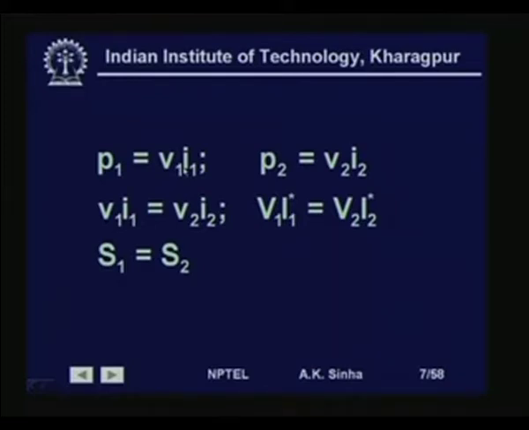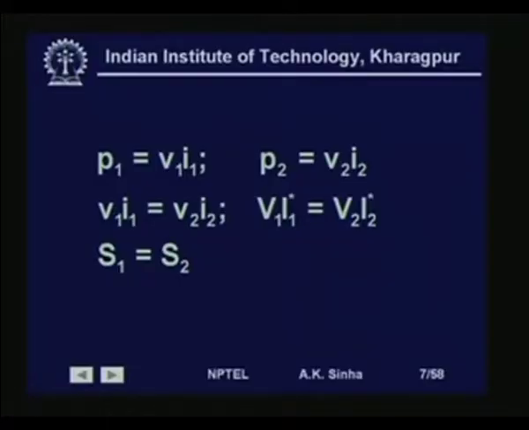So, the instantaneous power at the input end is v1 into i1, and similarly p2 is equal to v2 into i2. Since we have assumed there is no loss in this transformer, p1 is equal to p2, or v1 i1 is equal to v2 i2.